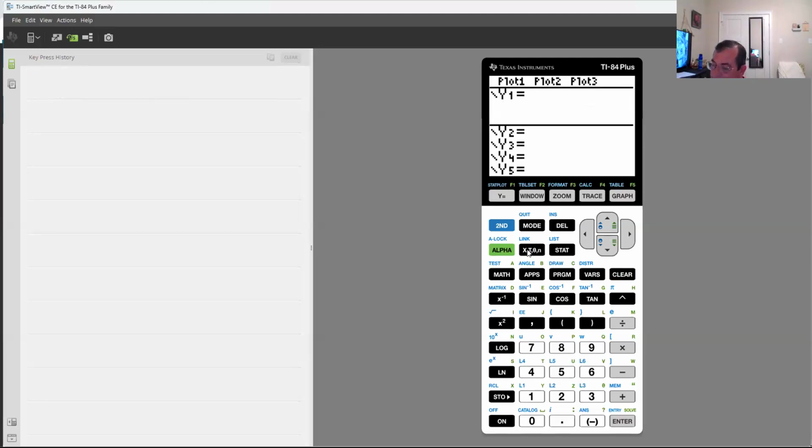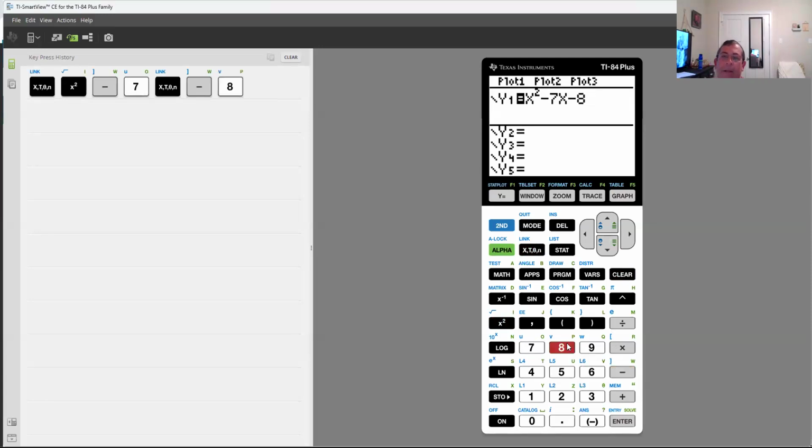So for t squared, I'm going to do x squared minus 7x minus 8. Now I don't put the equals 0 part. I'm just going to graph this little function they gave me, the t squared minus 7t minus 8. You just got to use x's on the calculator. But y'all watch this. I'm going to graph it.